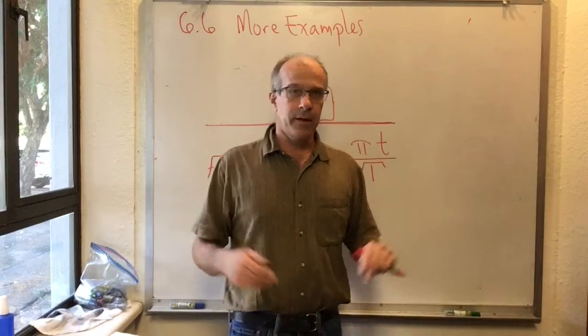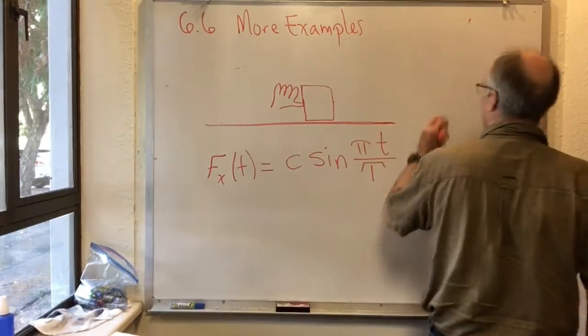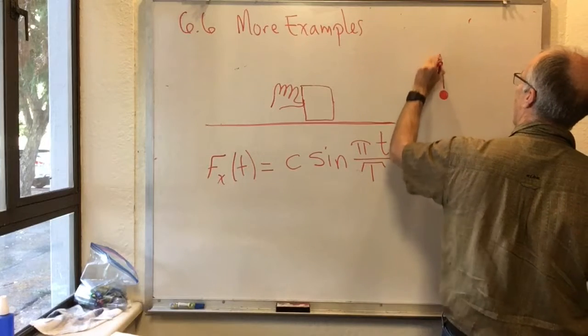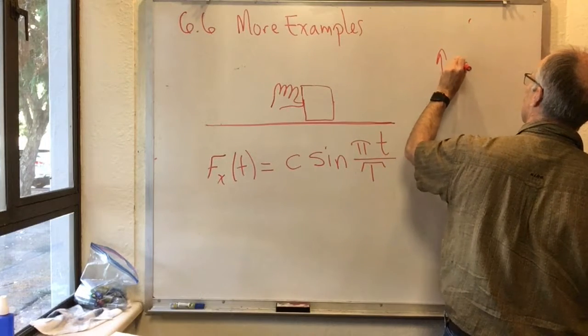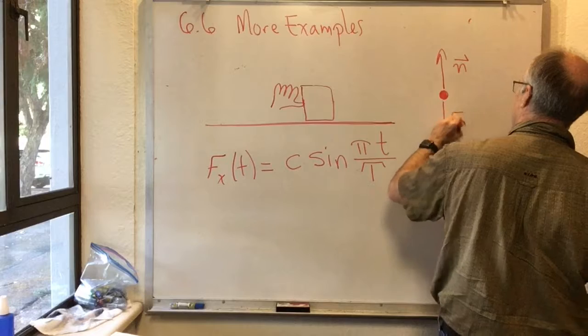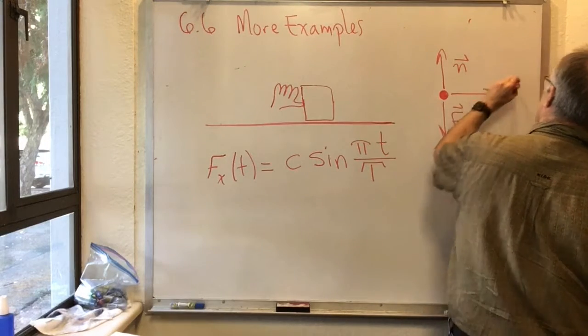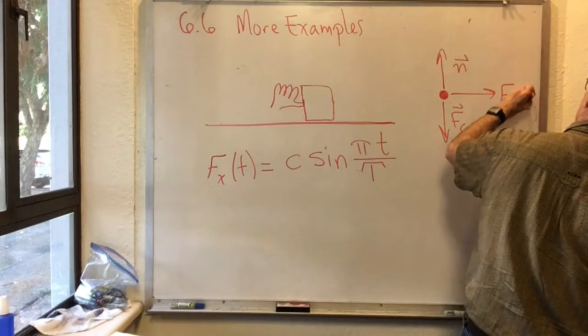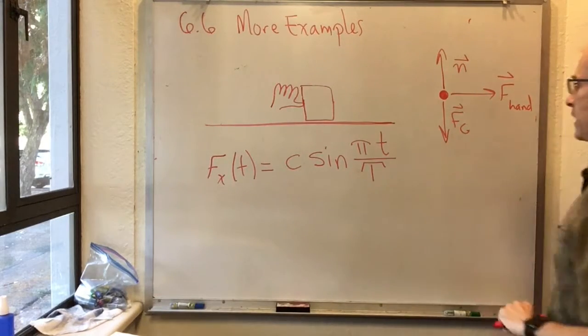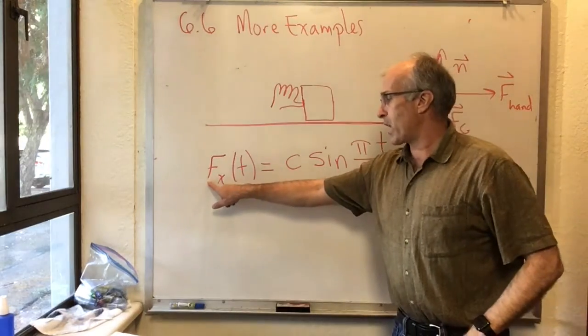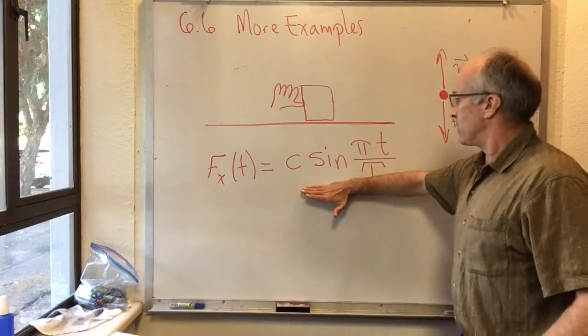Let's write the free body diagram for this situation. We have three things. We have a normal force up. We have Fg down. And we have F hand to the right. And the amount that F hand points to the right is Fx of t, which is that expression.